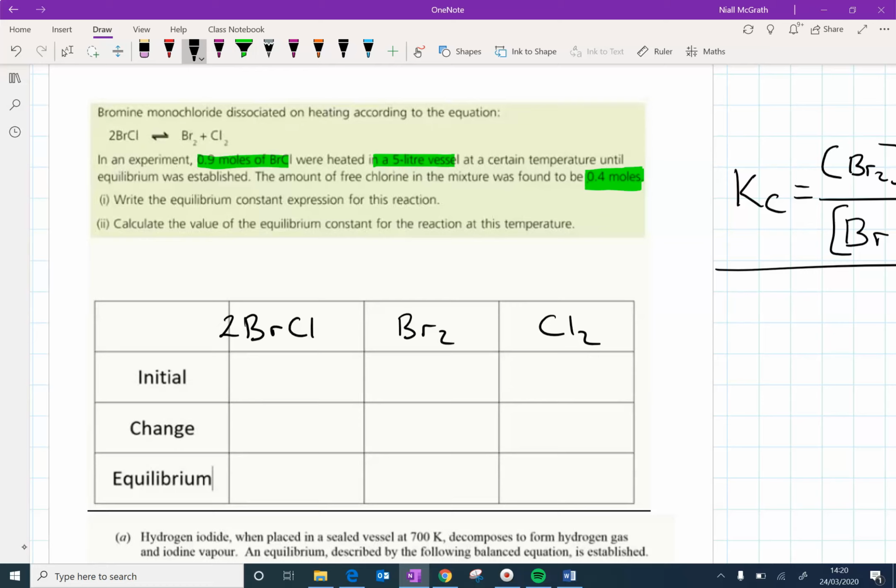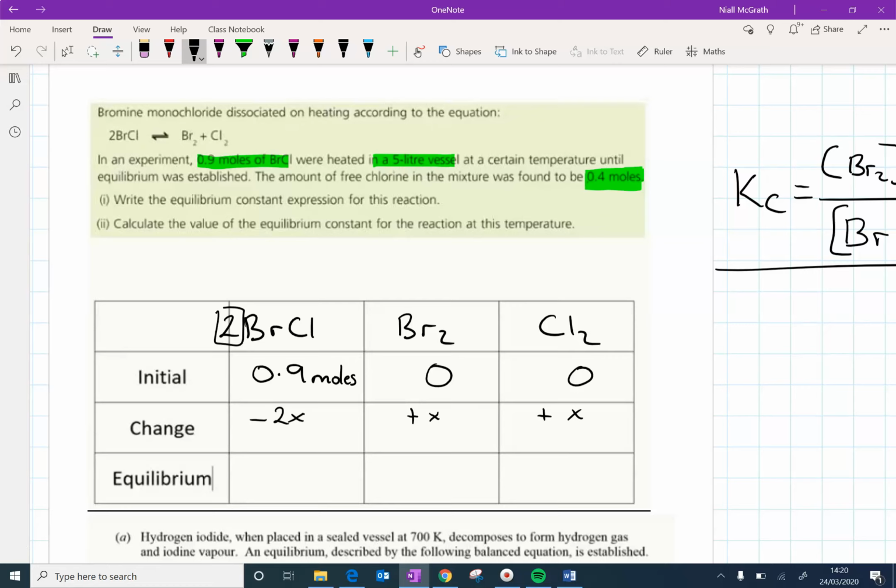Okay, so in an experiment, 0.9 moles of BrCl. So initially we have 0.9 moles. This initially is before any dissociation has taken place, so you're going to have 0 and 0. Now your change, because it is 2, it's going to be minus 2x. Here, you have no numbers in front of each of them, so it's just going to be plus x and plus x.